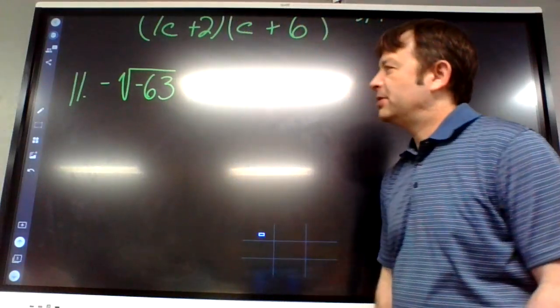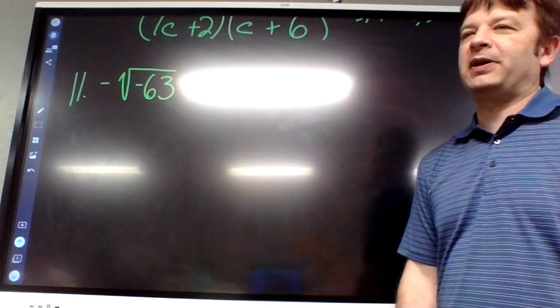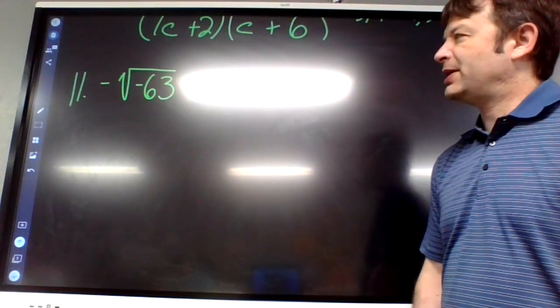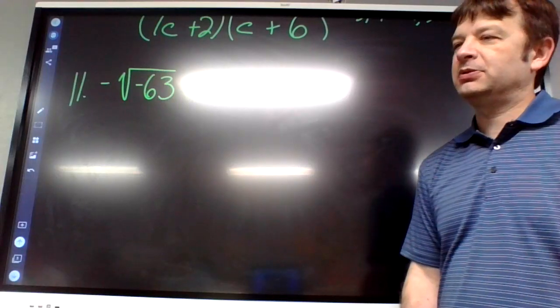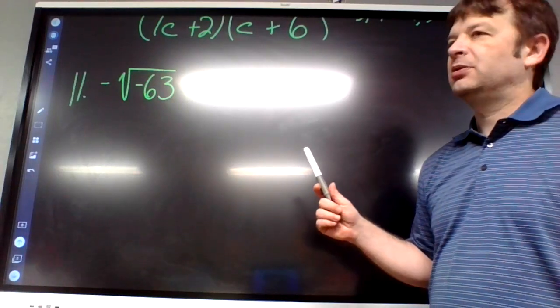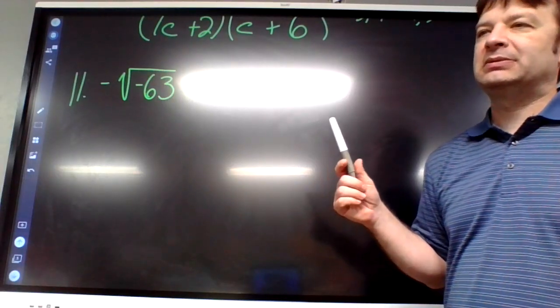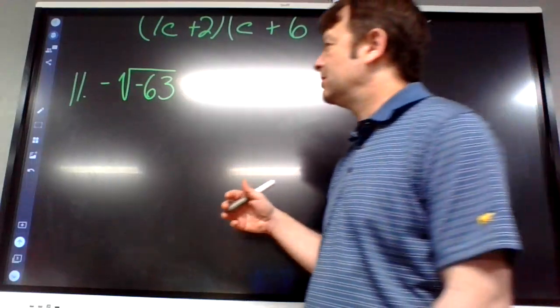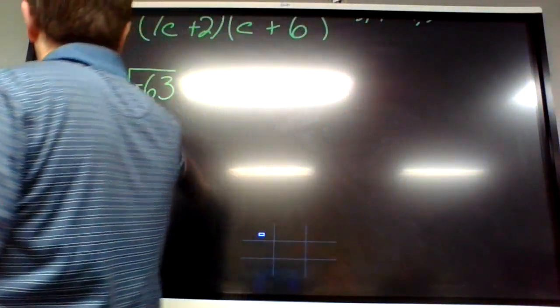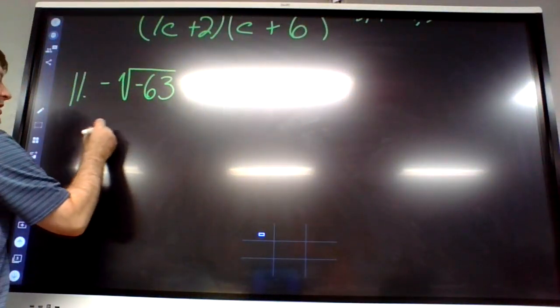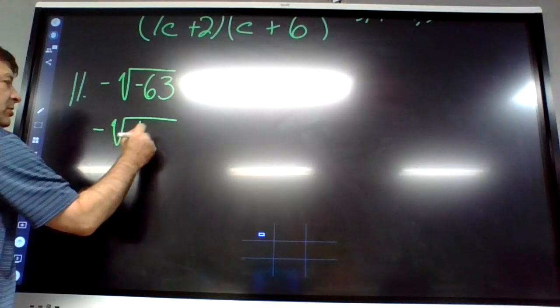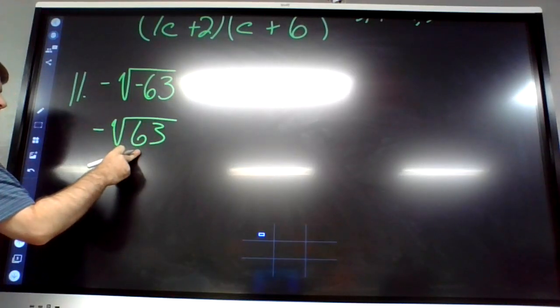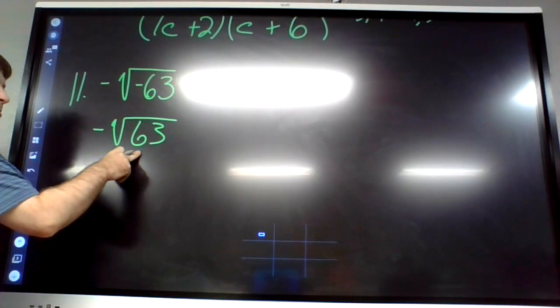Okay, on 11 we have to simplify. Will most calculators be able to do this one? No. I'm gonna try it. Why not? Yeah, it has to. It's gonna be an imaginary number. Right, because of the negative. So if I changed it to this, will most calculators be able to do this? Yes. But how would we need to?